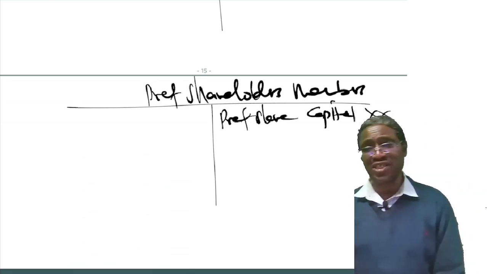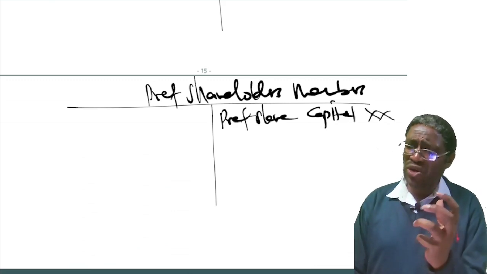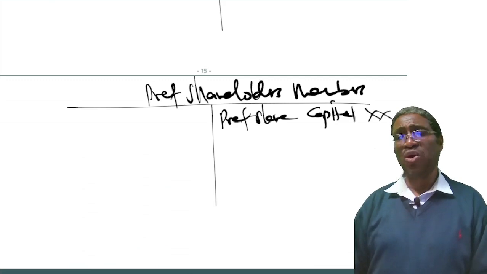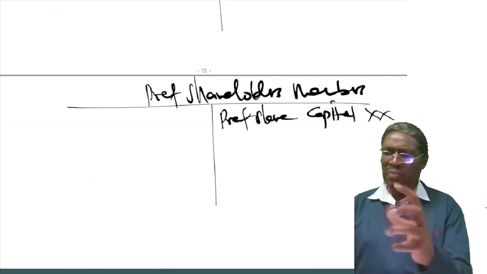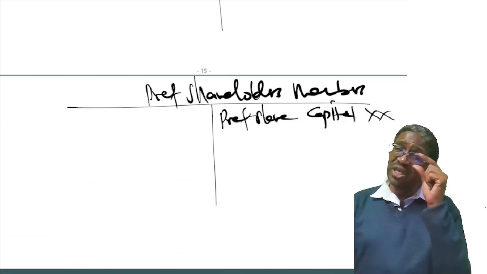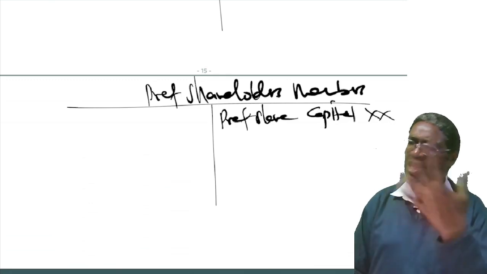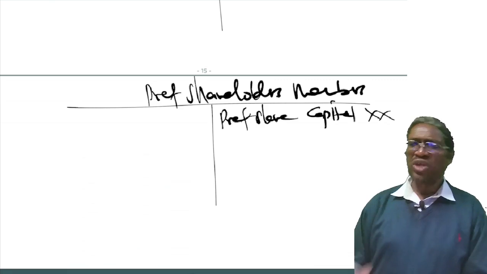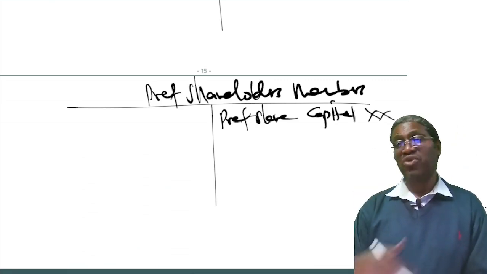Now listen. Is that the only thing you as a company may owe the preference? The answer is no. What else could you be owing to the preference shareholders? As a company, you may not have paid the preference shareholders their dividends, maybe for the last 2 or 3 years. So the question might tell you preference dividends are in arrears for the last 2 years.